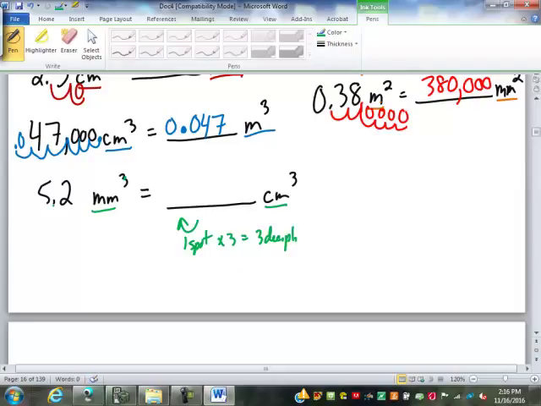So our decimal point's right here, we've got to go 3 spots to the left. 1, 2, we've got to add a 0, 3. So that is 0.0052. Is that coming back to you? Okay. So the metric ones aren't too bad.